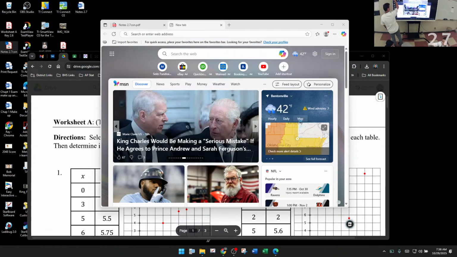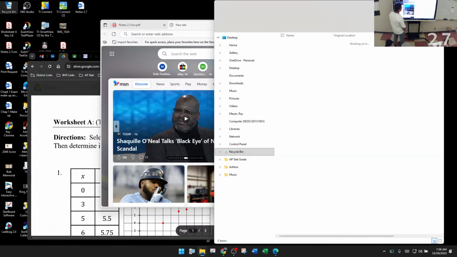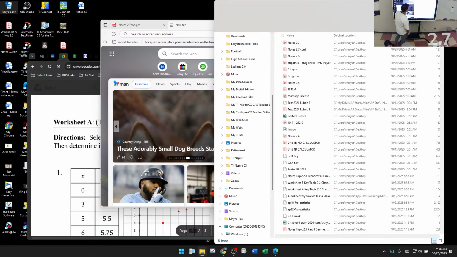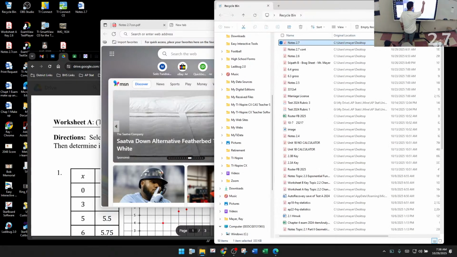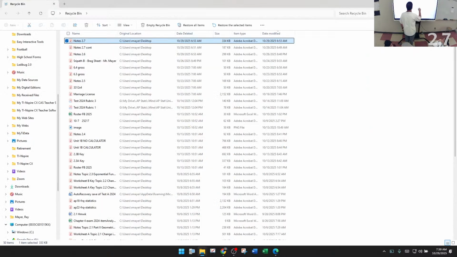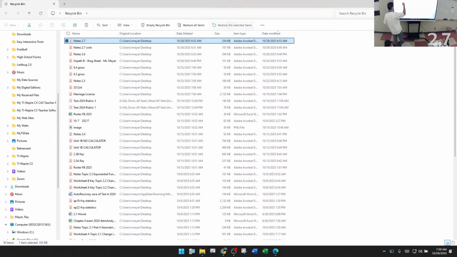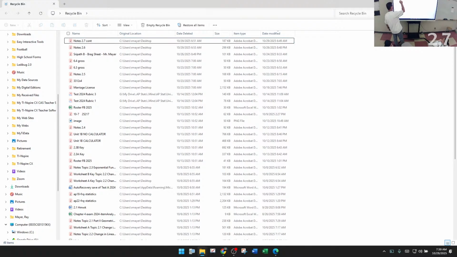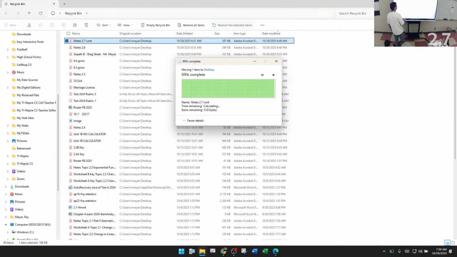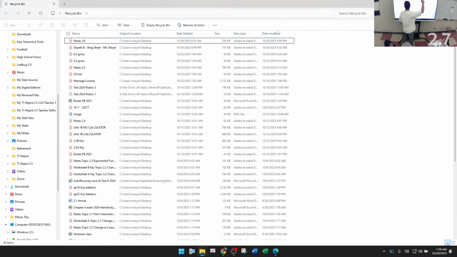All right. Recycle bin. I think I deleted the one I'm not supposed to. Where'd it go? Restore. How do I restore? Where's that at? There it is. Restore. And I don't know if it might be this one. Restore. Minimize.